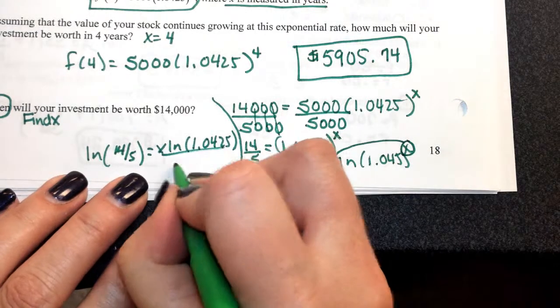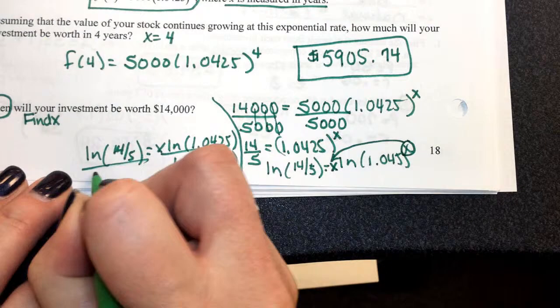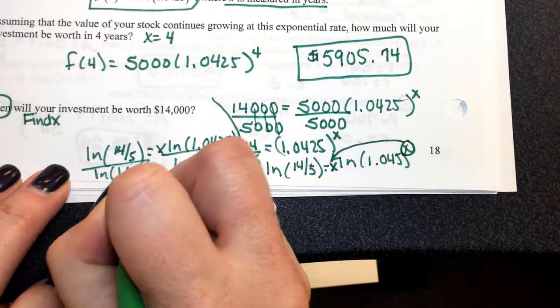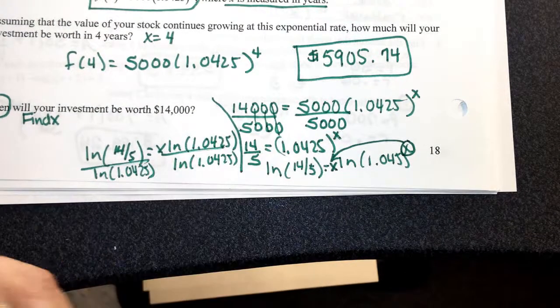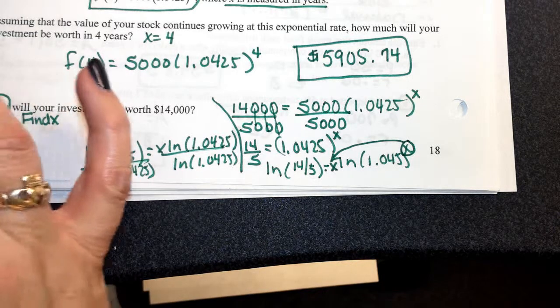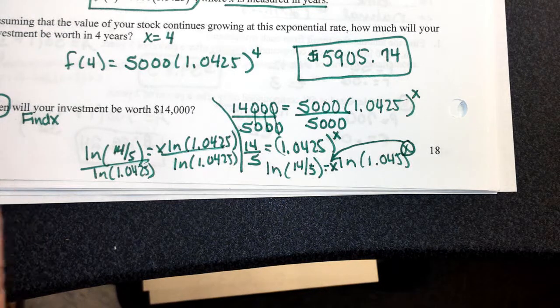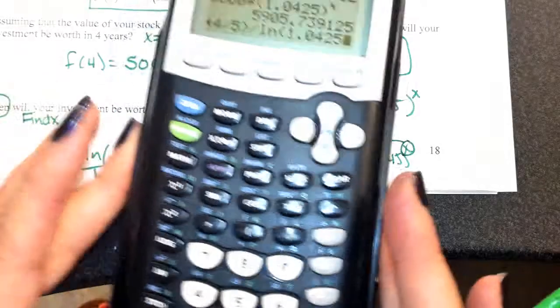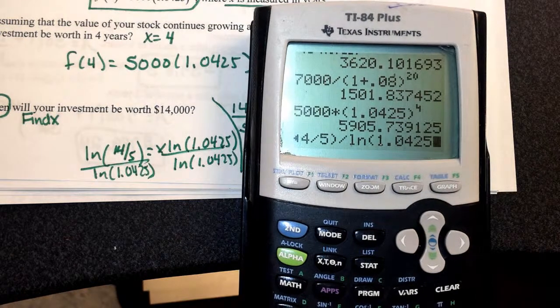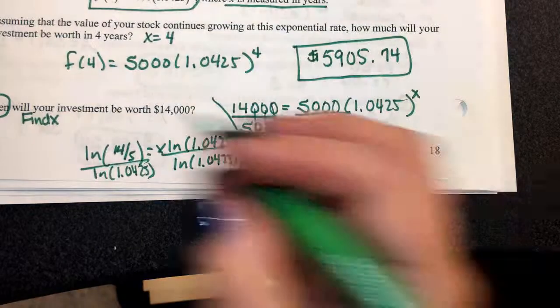Divide. So X is equal to the natural log of 14/5 divided by the natural log of 1.0425. So I end up with 24.74 years.